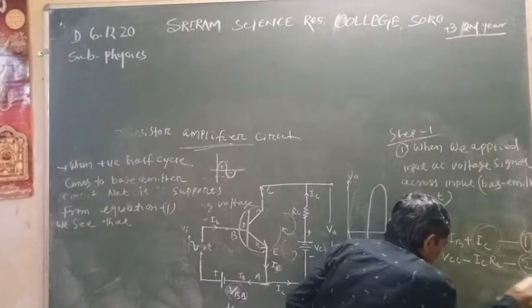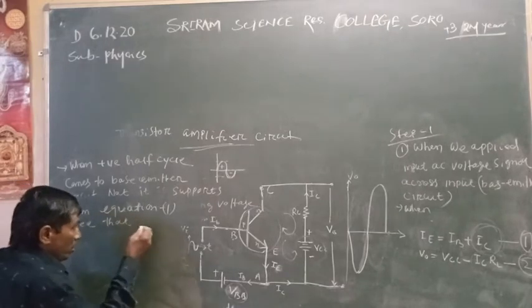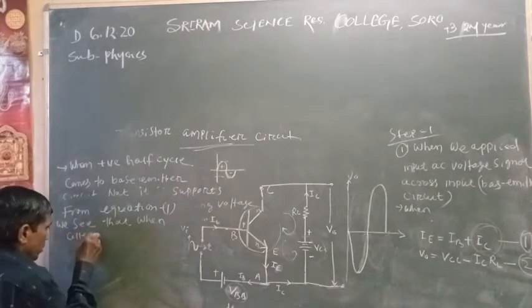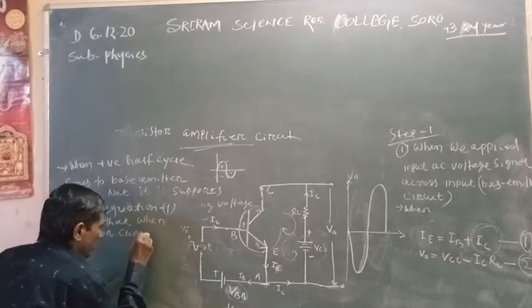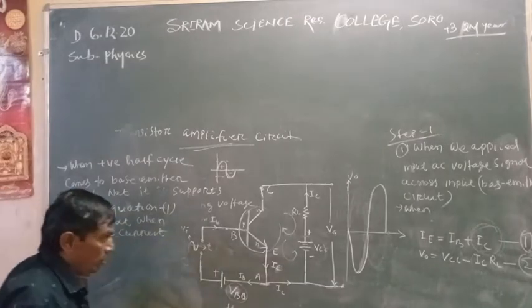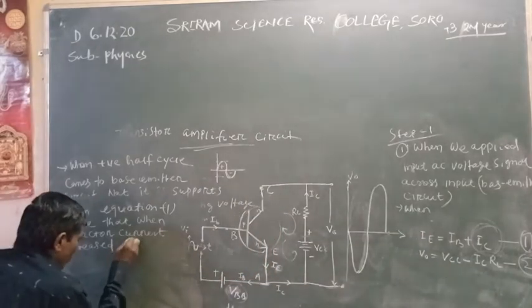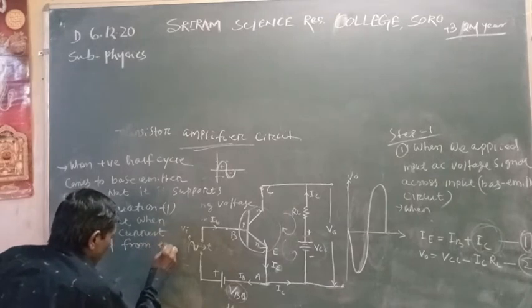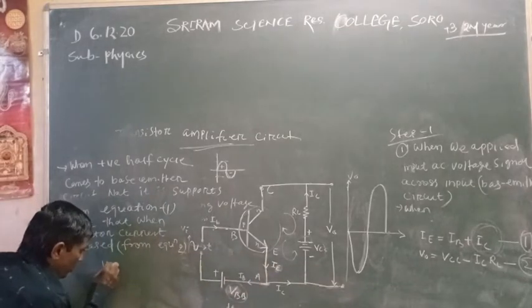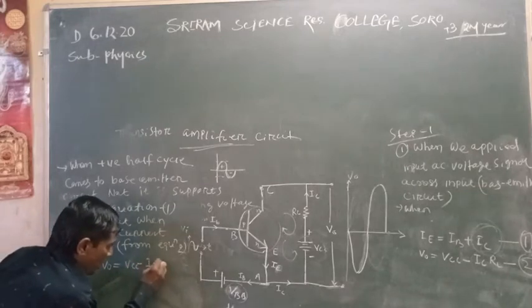Now we write, we see that when the collector current increased, from equation 2, V0 equals VCC minus IC RL.